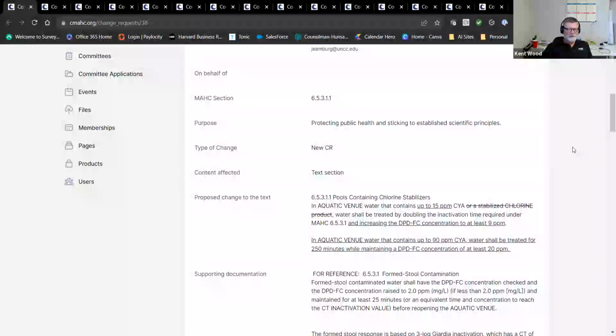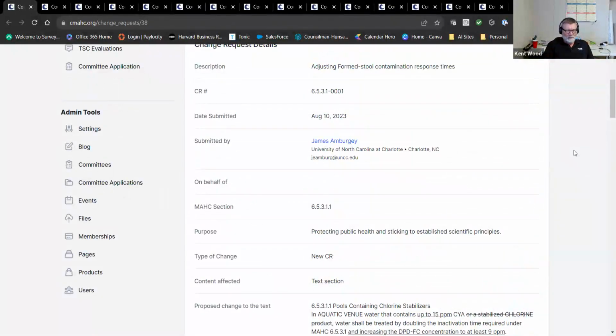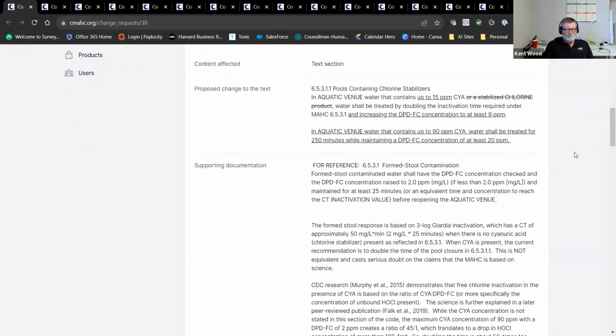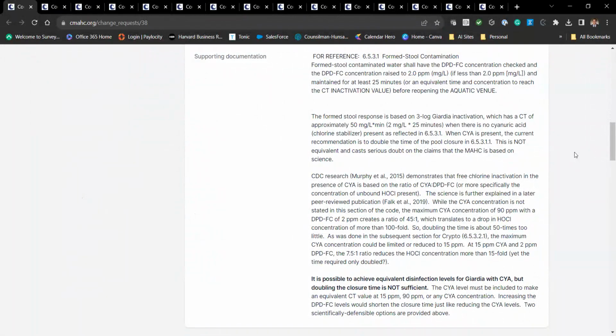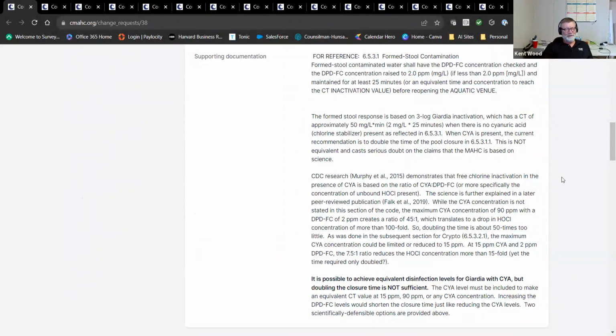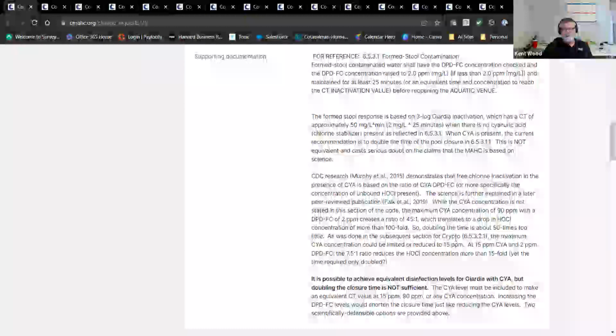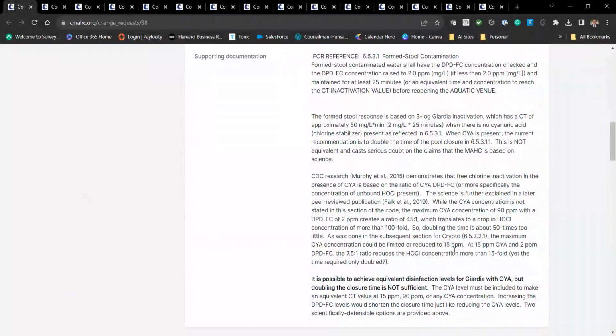Do we know where the 15 part per million parameter came from? Actually, I don't know. And I'm thinking that in pools they're using trichlor, 15 parts per million is probably pretty low. Oh, that Ken, is true. I can answer where the 15 came from. If you look at the crypto requirements that are right next to this in the MAC, it says the same thing.